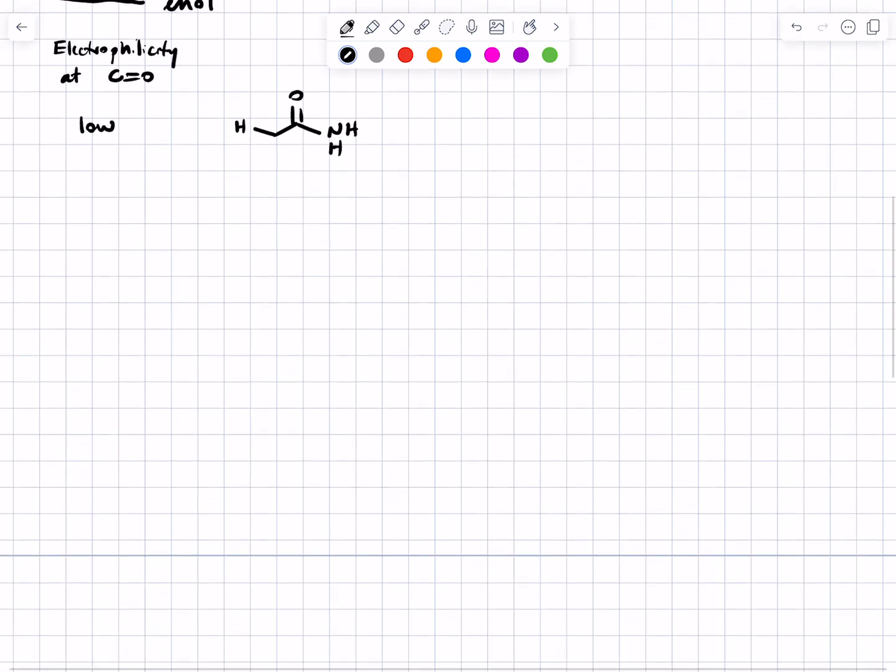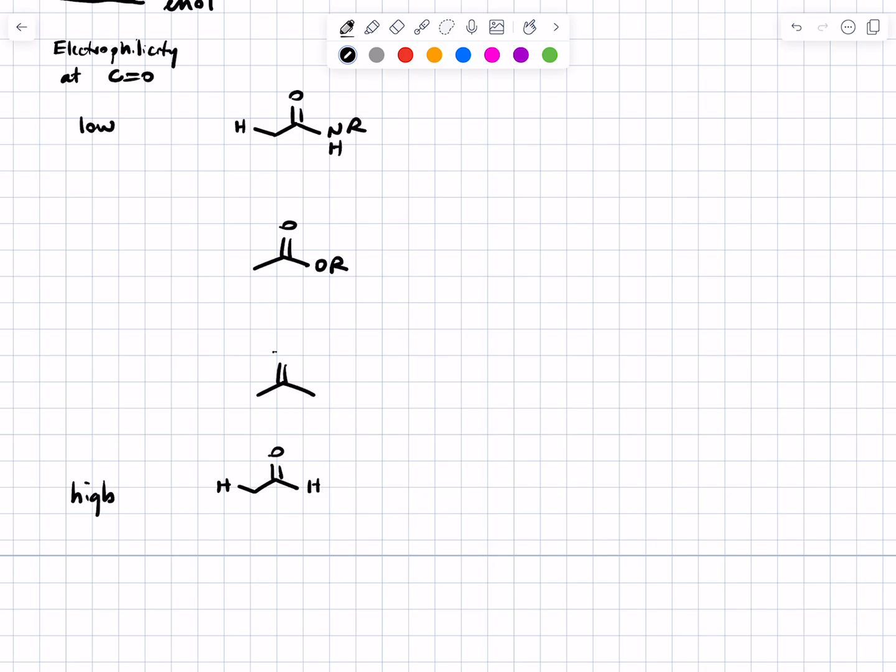At the other end of the spectrum, pretty high for an aldehyde. And then intermediate in our list, esters were more reactive than amides for sure, but not as reactive as aldehydes.